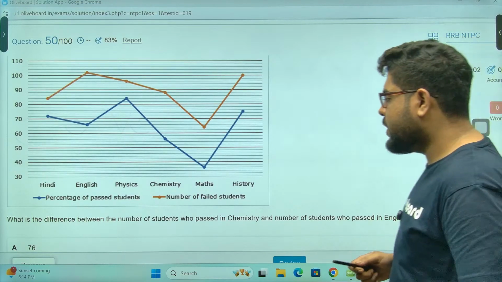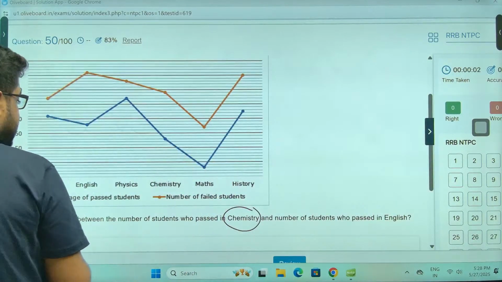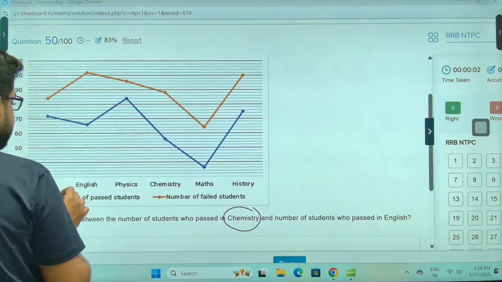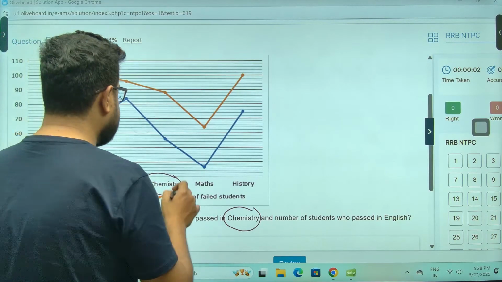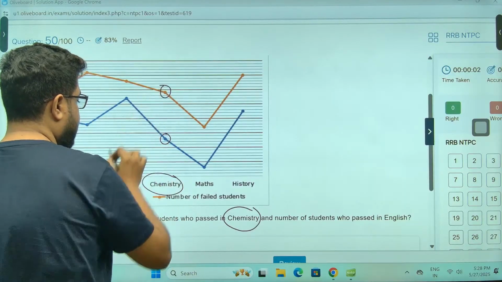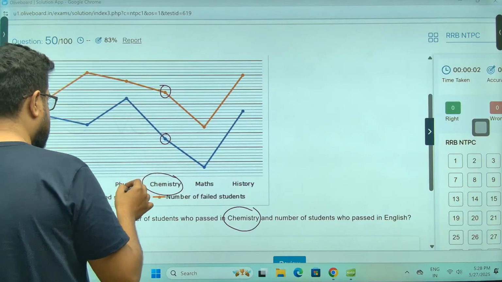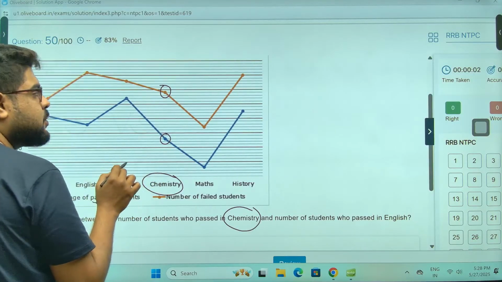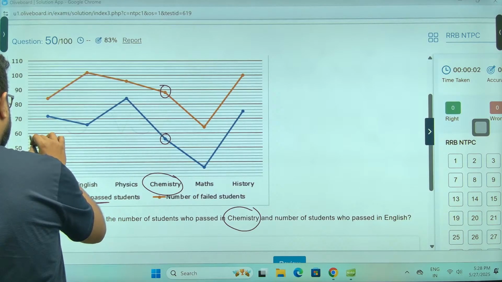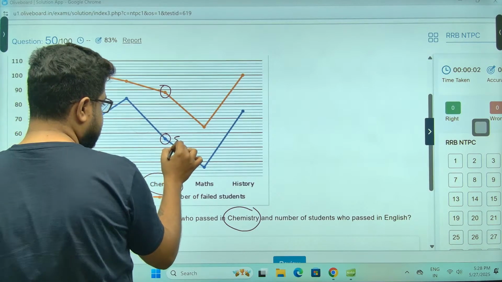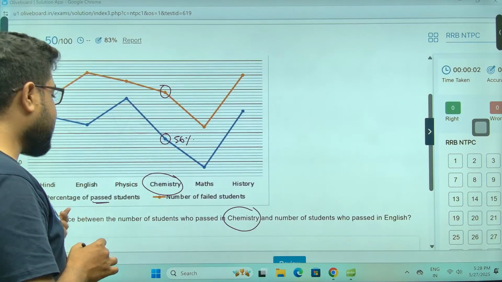Let's see. What is the difference between the number of students who passed in chemistry and English? First, the number of students who passed in chemistry. The percentage of passed students is this, 50, then 2, 4, 6, 8, 10, so this is 56%. 56% of students passed the exam.